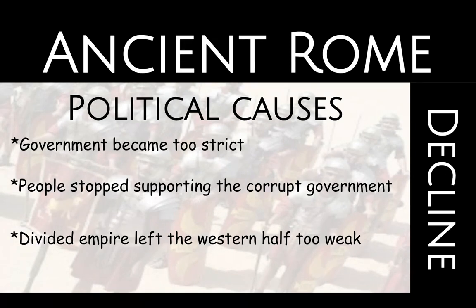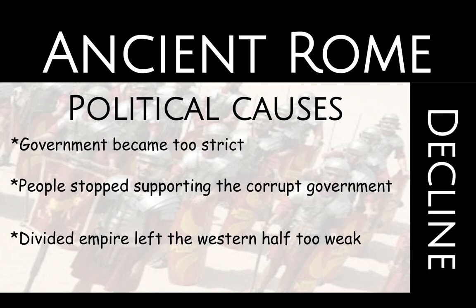What ends up happening is the emperor, Constantine, believed that it would be easier to control the empire if it was split in two. And you have two emperors ruling, one in the west, one in the east.